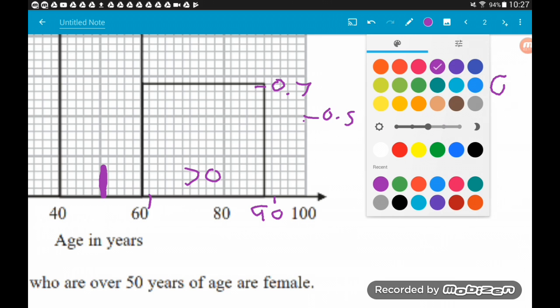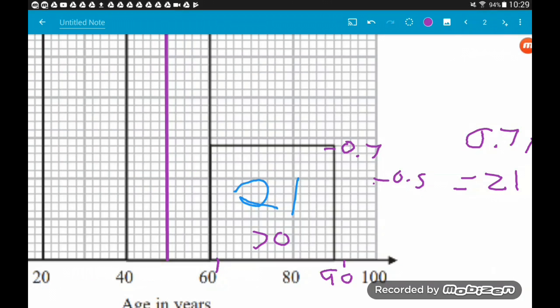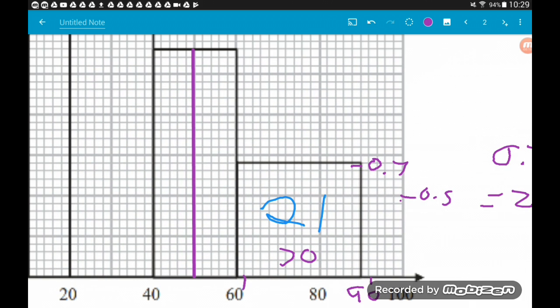So we've got 21 members in this final interval. Okay, then we need to go to the adjacent bar where the interval is 40 to 60, but remember we are only interested in the 50 to 60 bit, so I've cut that interval in half.